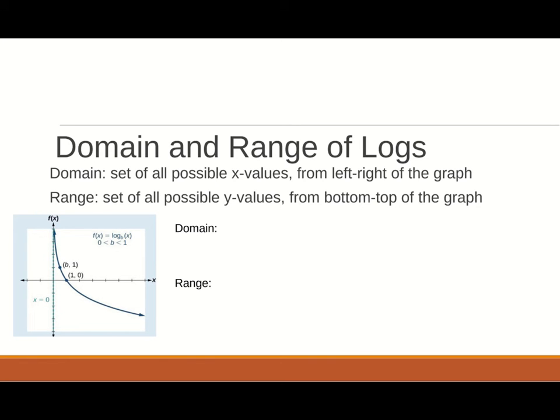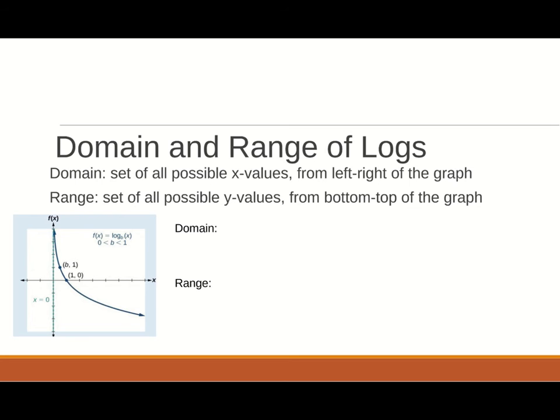And now knowing that x can't be 0 and your base is always positive, here's a graph of the function. And remember, your domain is all x values from left to right. So if you were doing the domain, we know that it comes really, really close, like 0.000001 for the x that we plugged in, but it's never going to hit 0.